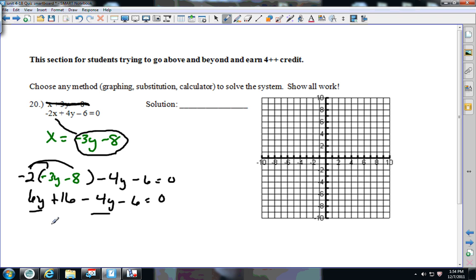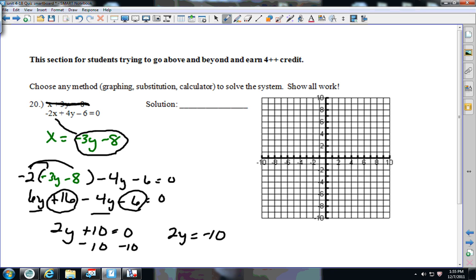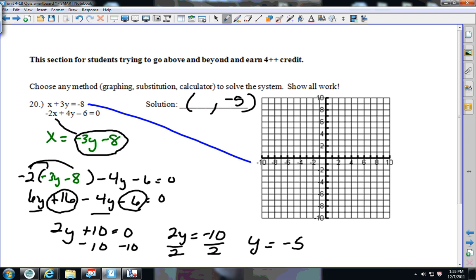Put your y's together. 2y. Put your numbers together. Plus 10 equals 0. You need to put the 10 on the other side. 2y equals negative 10. Divide by 2. Y equals negative 5. Okay. Now, if I take one of the original ones, let me take this original one here, and I'm going to write it over here.